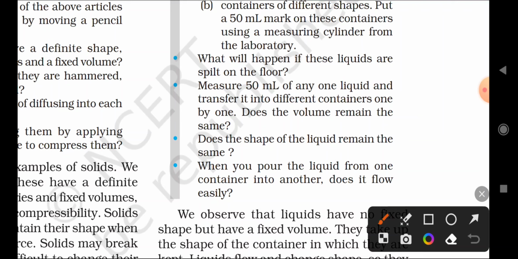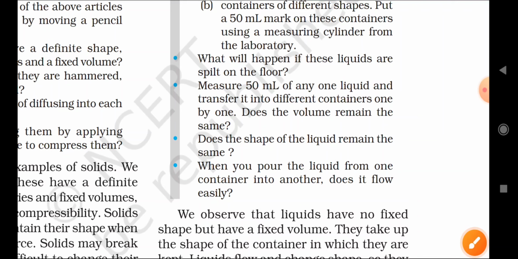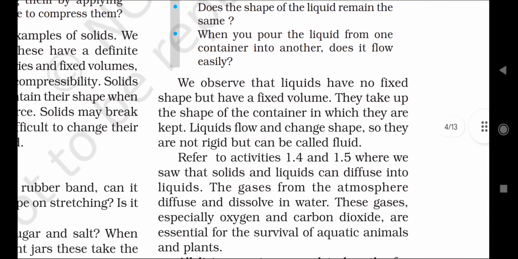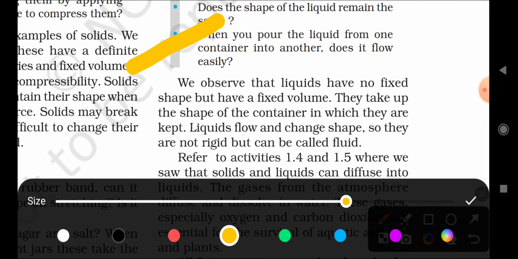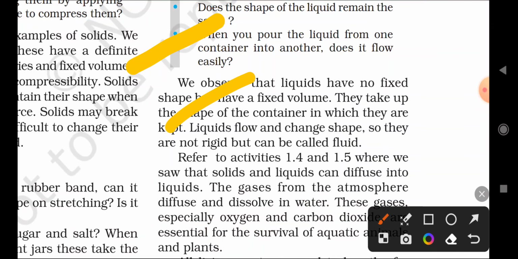When you pour liquid from one container to another, does it flow easily? Yes, it can easily flow, correct? So one liquid can be transferred into another container, which means the liquid can easily flow.